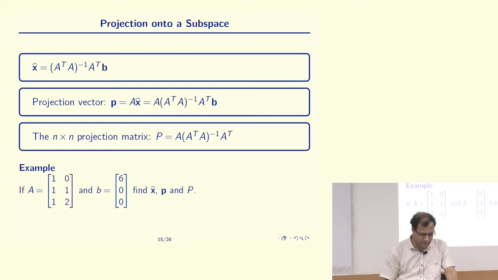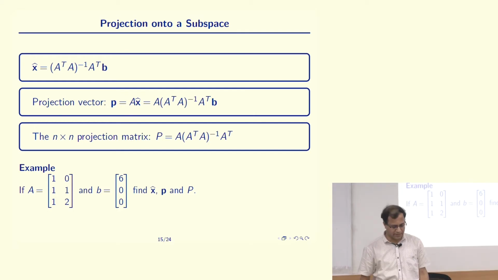You have to find the A transpose, compute all those matrix multiplications, and then find the projection vector on the subspace. I just leave this for your homework, or maybe you will come to this example in your tutorial.